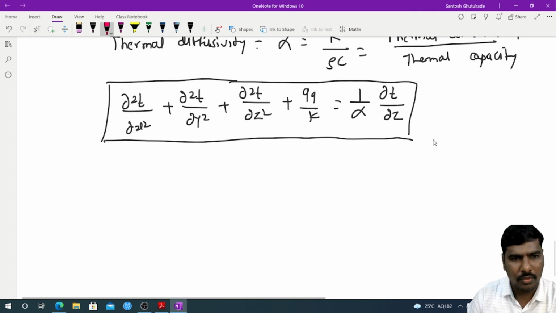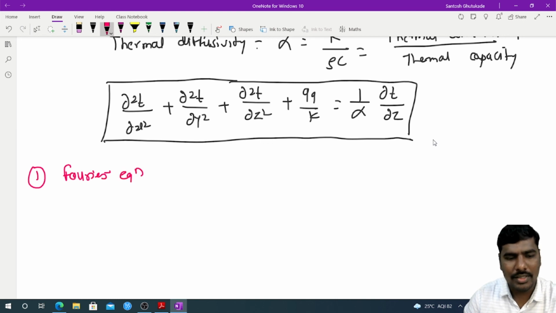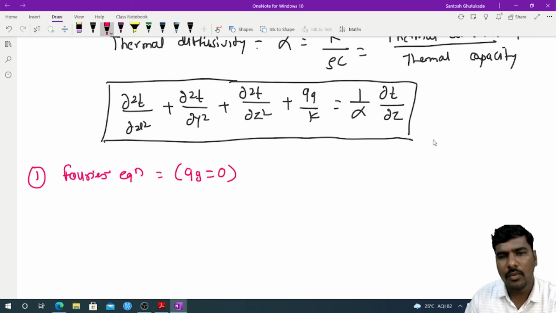So we will first solve for Fourier's equation. What is Fourier's equation? In Fourier's equation we are neglecting the internal heat generation, so qg is equal to 0. We are not assuming that there is internal heat generation.